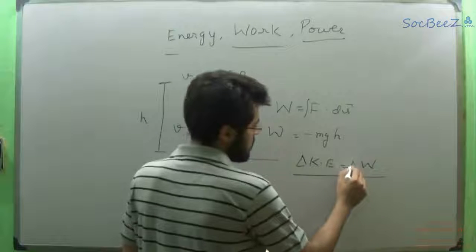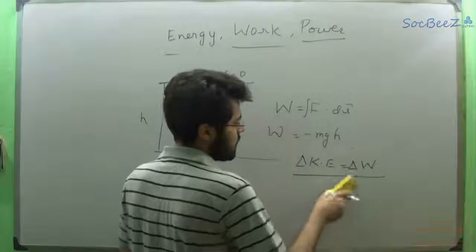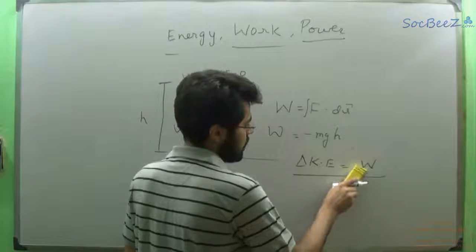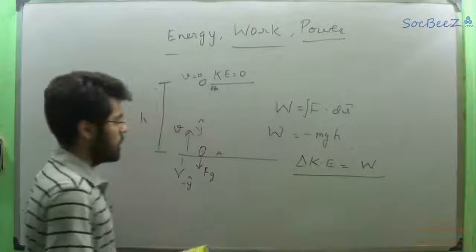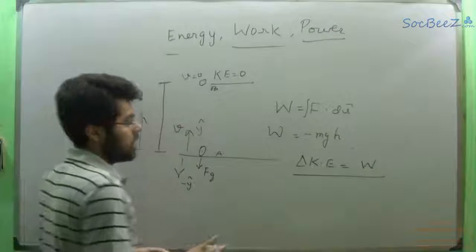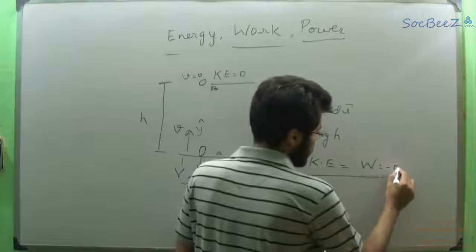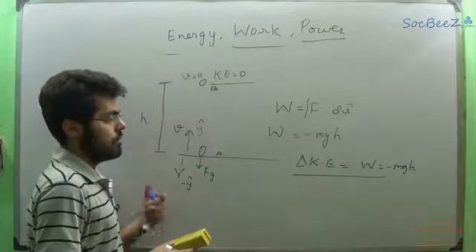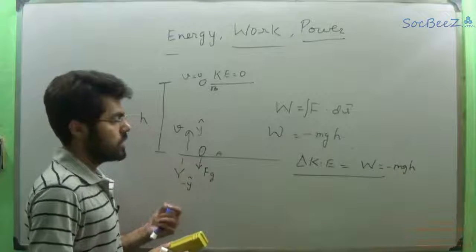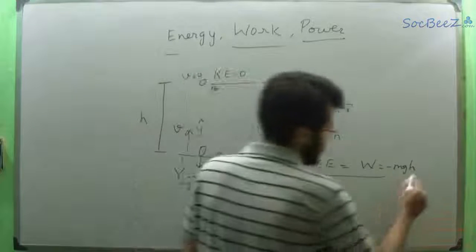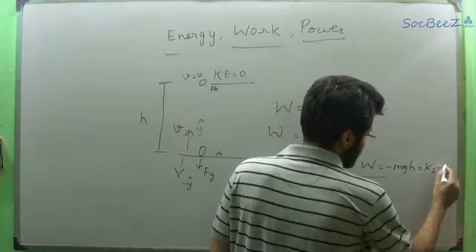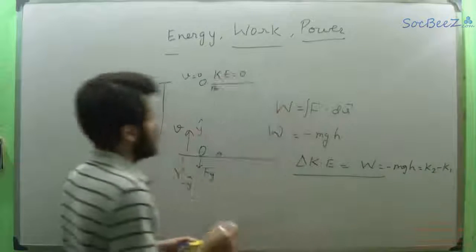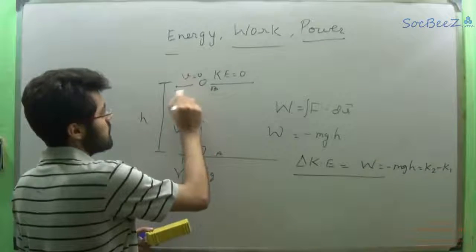Actually, there is no point of writing this delta here. We can simply remove the delta. It is just work done. So it means it should be equal to minus mgh. So what do you mean by negative value of change in kinetic energy? It can be written as k2 minus k1. Now we know that final velocity is 0.